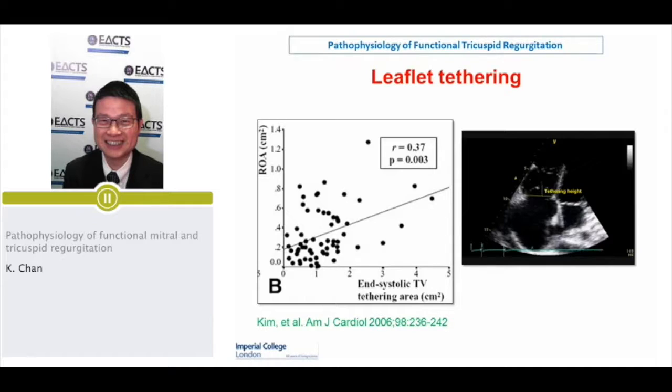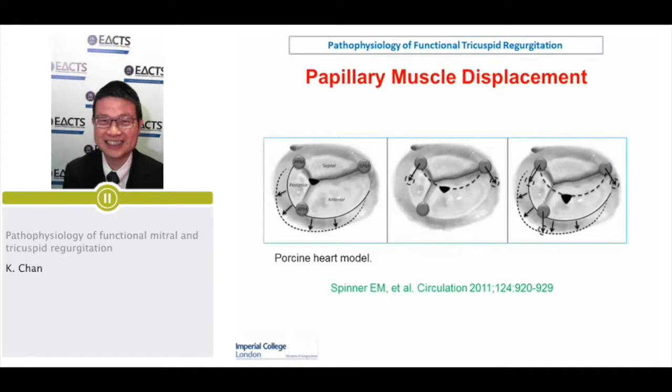Leaflet tethering contributes to tricuspid regurgitation, as demonstrated in this study. With increasing tethering area, the volume of tricuspid regurgitation increases, and this may be an important pathology to address in functional tricuspid regurgitation. And papillary muscle displacement occurs.